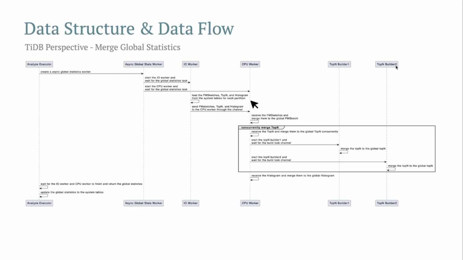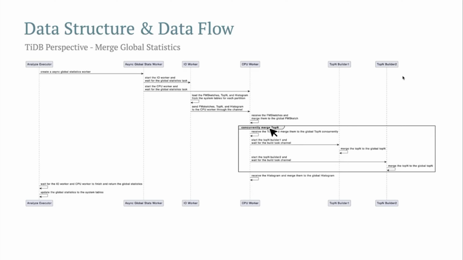And the CPU worker basically does the calculation work. We need to calculate the FM sketch and combine them together and recalculate the TopN and the histogram in this CPU worker. But in this CPU worker, we only introduced the concurrency for merging TopN for the global TopN statistic.